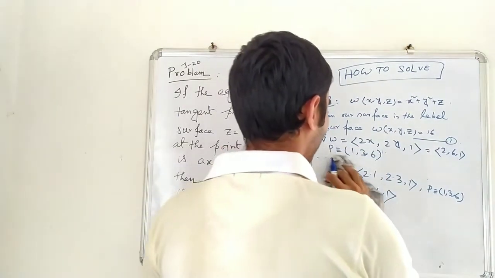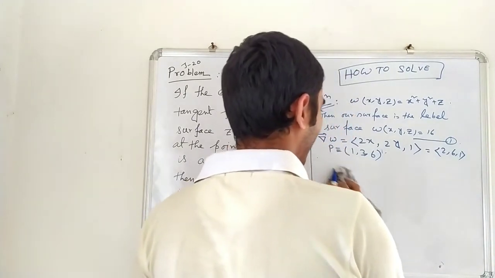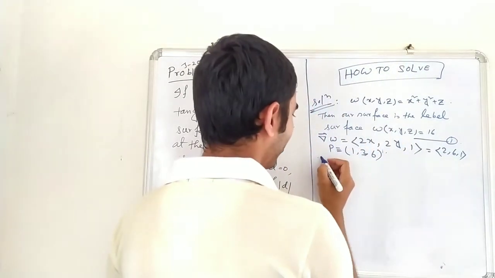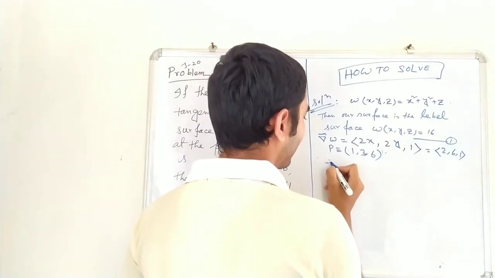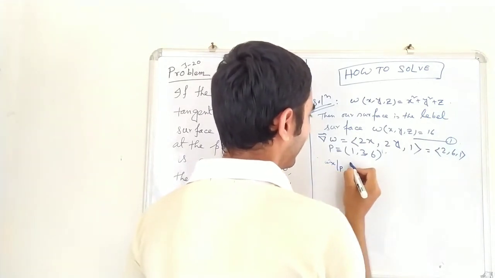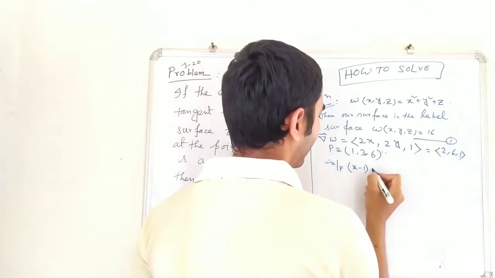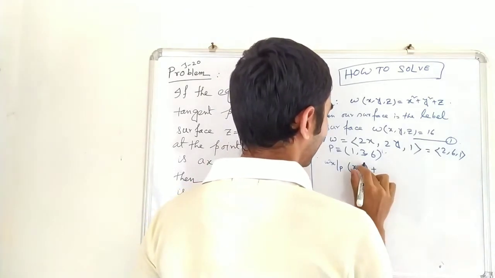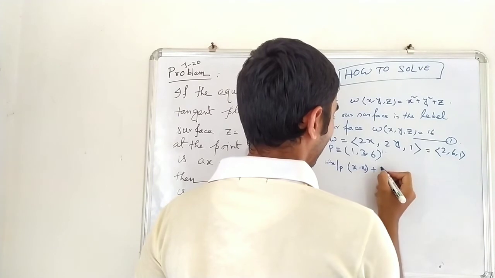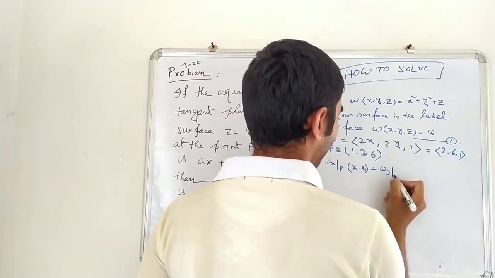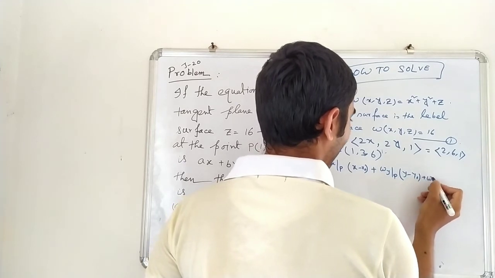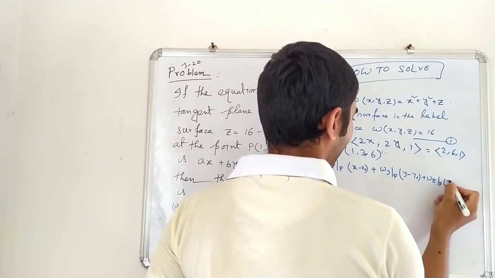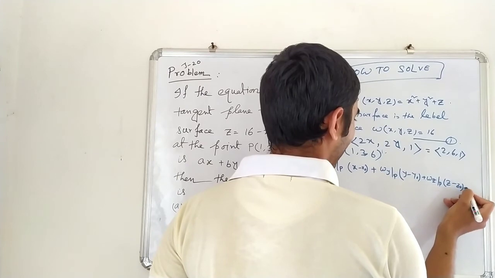Now we find the equation of the tangent plane at the point P. The equation of the tangent plane is given by wx at point P into x minus x naught, plus wy at point P into y minus y naught, plus wz at point P into z minus z naught, equal to 0.